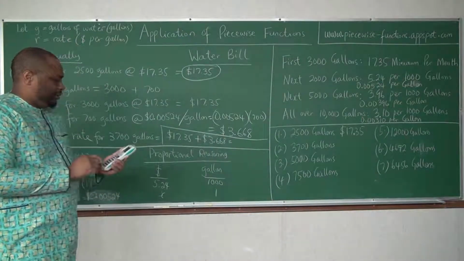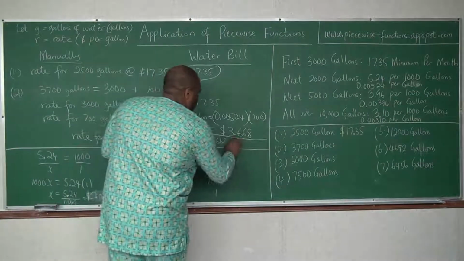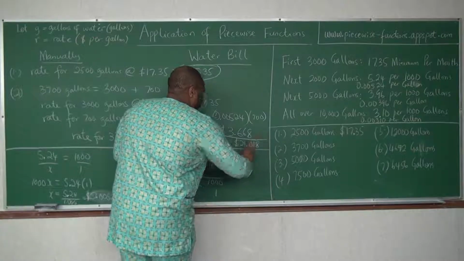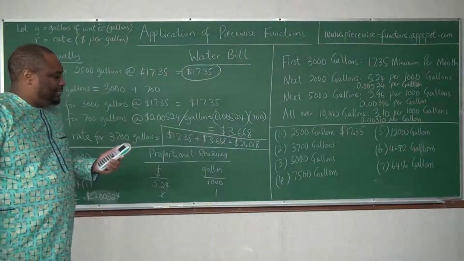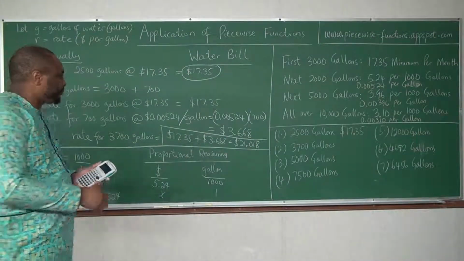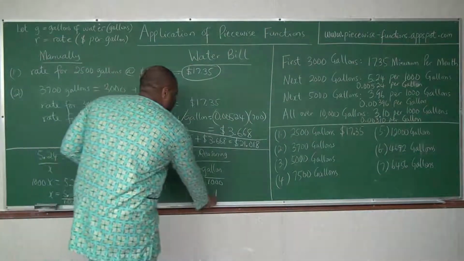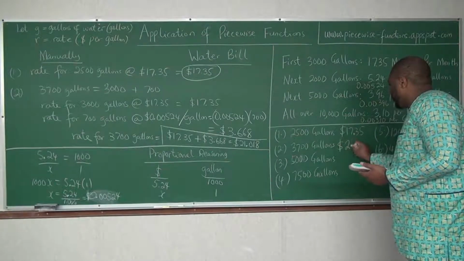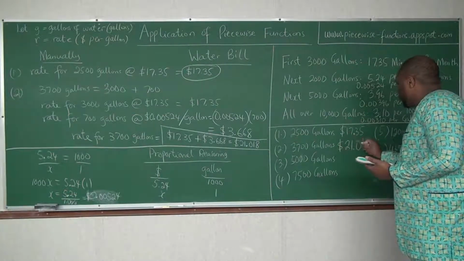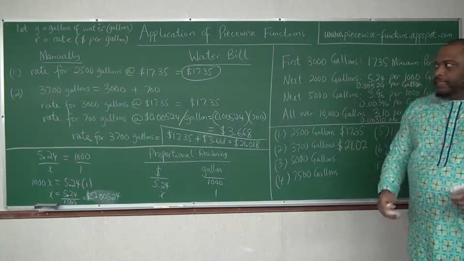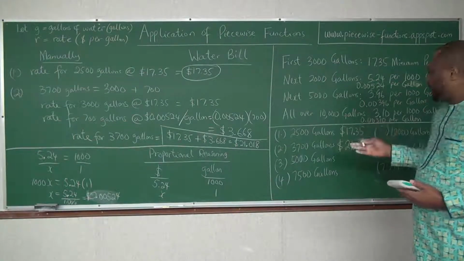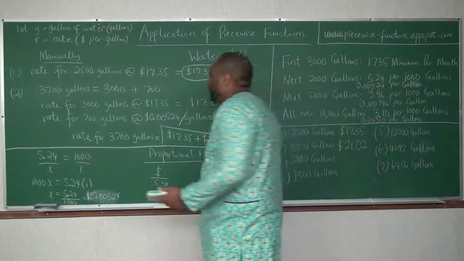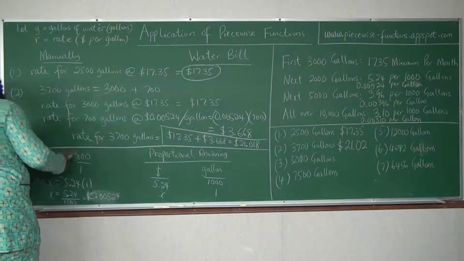And that gives us what? $21.018. So now you can round to $21.02. So I come here, I will write $21.02. That is for 3,700 gallons. All right. Now let's do the next one.